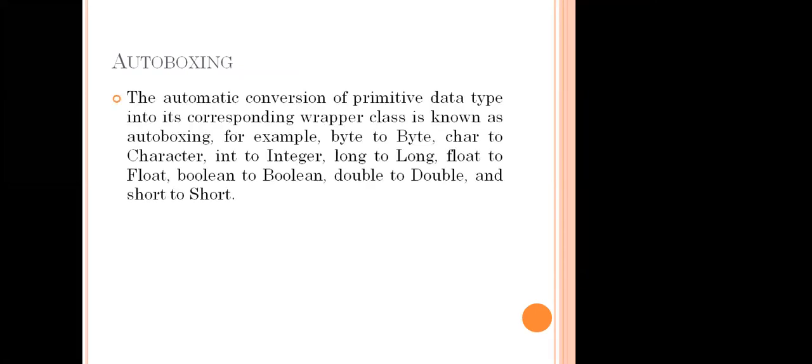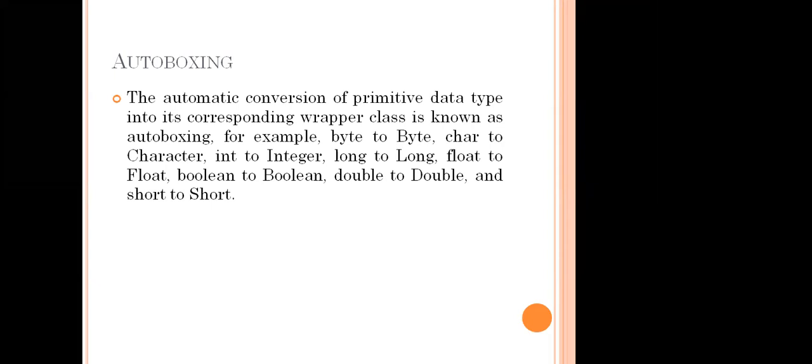So what is autoboxing? The wrapper classes are known for converting from primitives to objects and objects to primitives. One concept is known as autoboxing and another is known as unboxing. The automatic conversion of a primitive data type into its corresponding wrapper class is known as autoboxing.